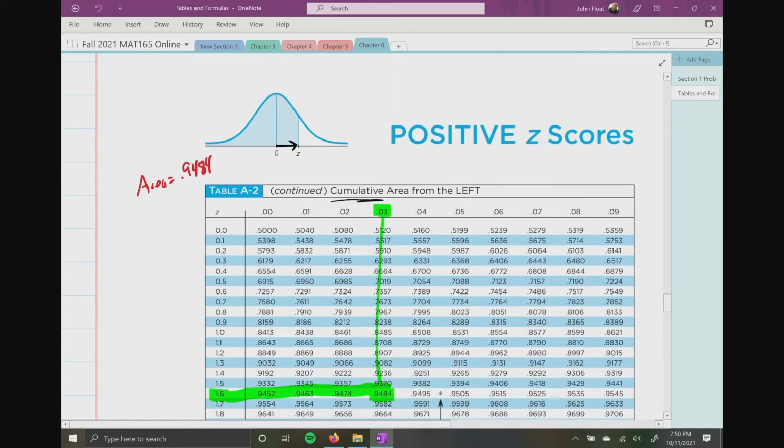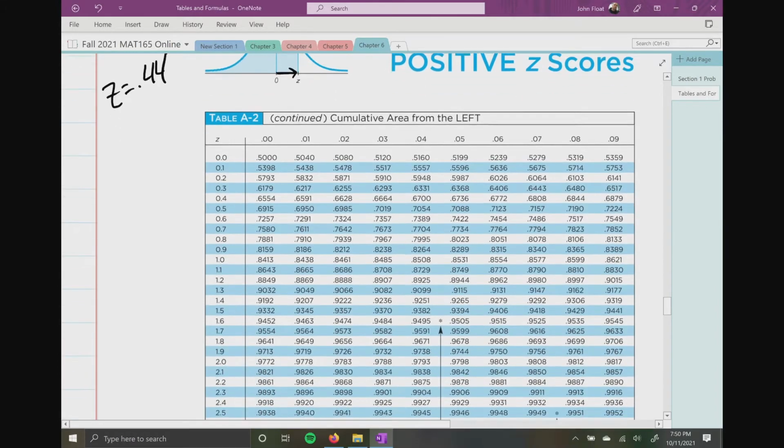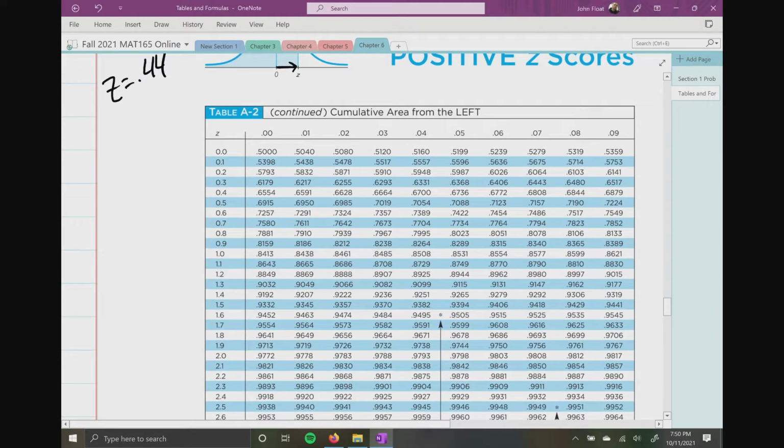So let me write this down. So z equals 0.44. That's larger than 0, okay? So I got to look over here. So right here is going to be 0.404. So there's 0.44. And all I'm going to do is just kind of bring these together. And I found, let me zoom in, sorry.